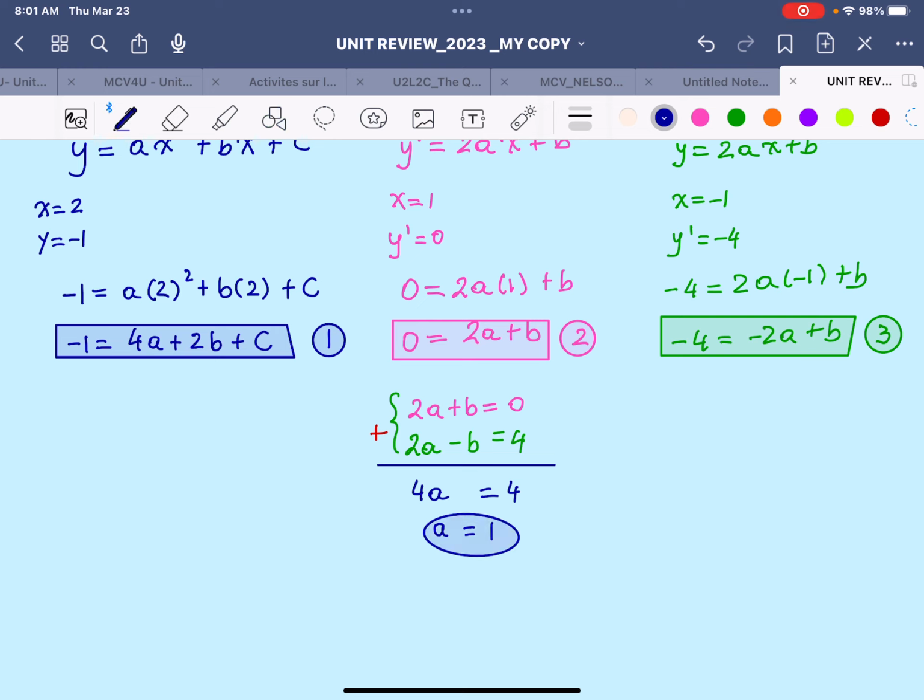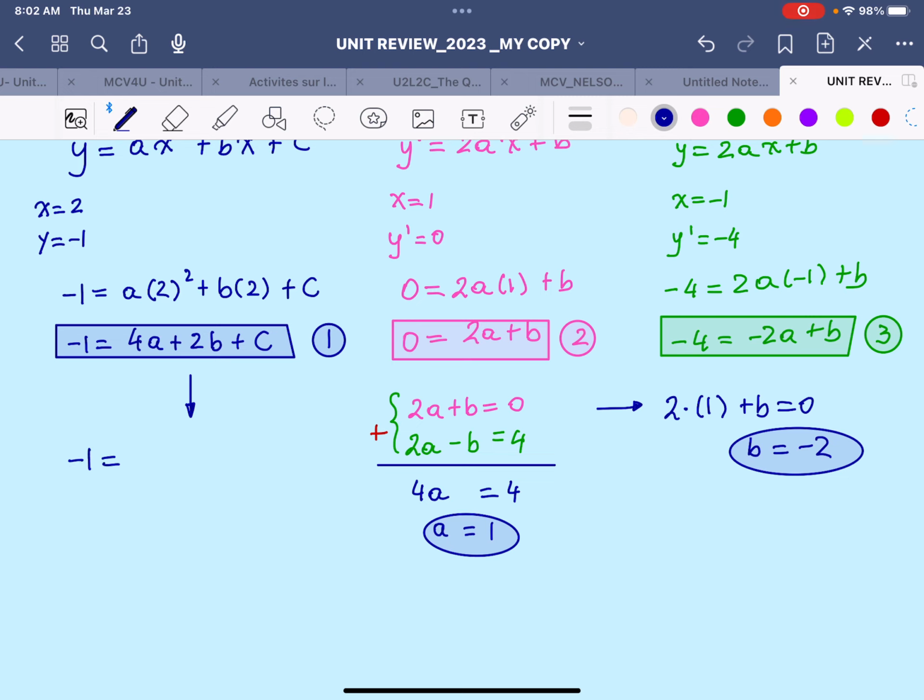Now we'll figure out what b is. We can use either equation. I like to use the positive equations usually, or the ones that have more positive terms, but it doesn't really matter. Again, either equation should be fine. So we have b equal to negative 2. Now that we've figured out the values of a and b, we can use equation 1 to find the last coefficient, the coefficient c.